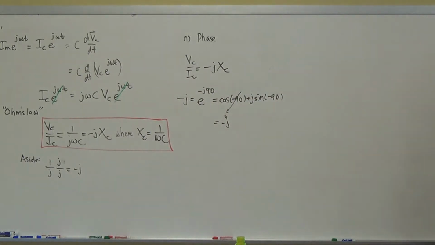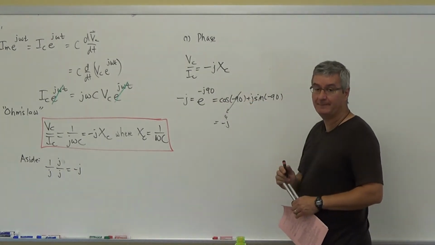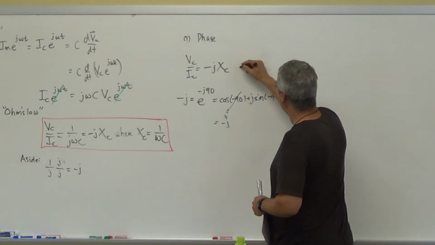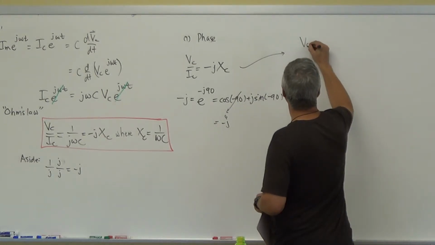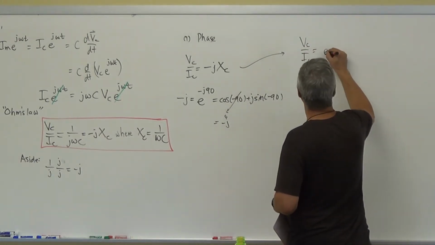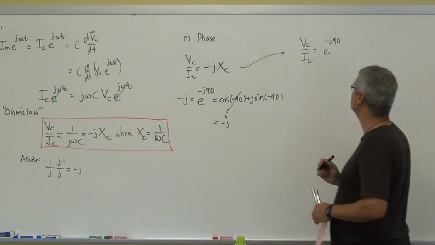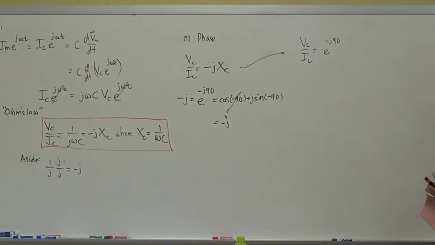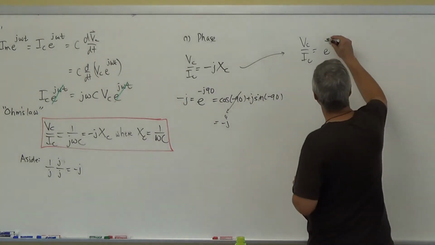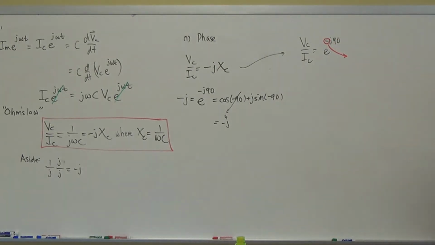So if I look at this whole thing here, look at this picture. What this tells me is that VC over IC is equal to, as far as phase is concerned, j at minus 90 degrees. That minus sign says something very clear here. I can interpret it one of two ways.